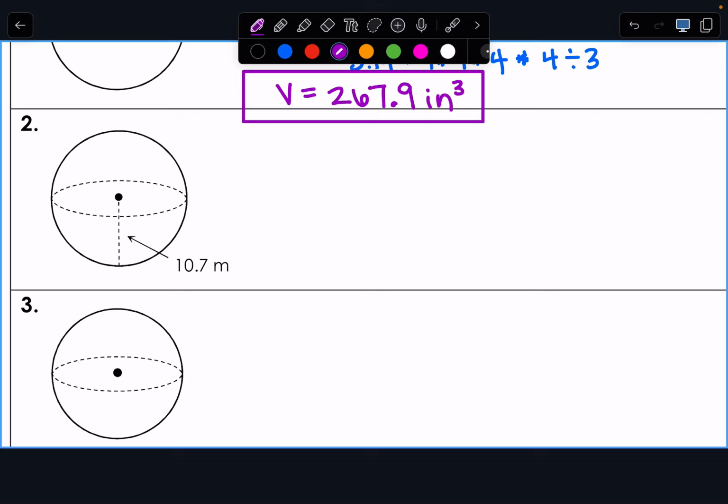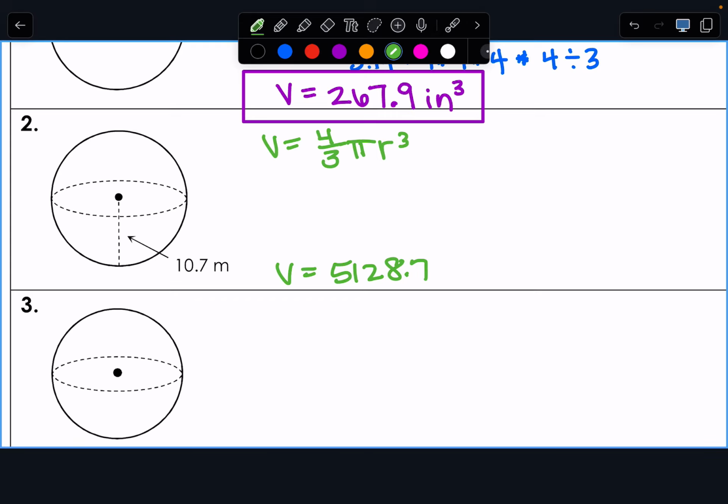Identify the radius, plug it into your formula, then use your calculator. Is that what you got?